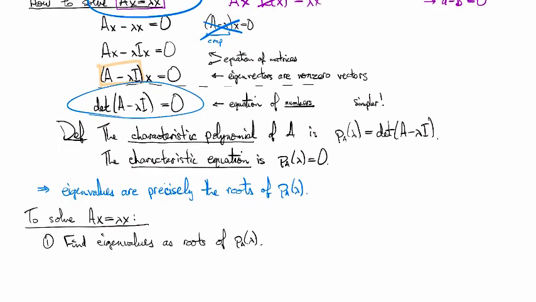And then, once we have those, for each eigenvalue that we've discovered, we compute the eigenvector by row reduction.